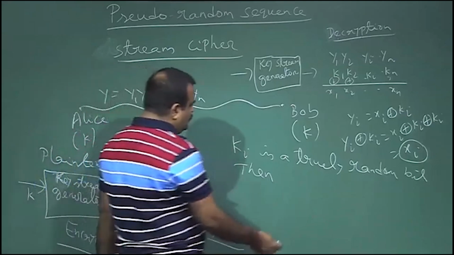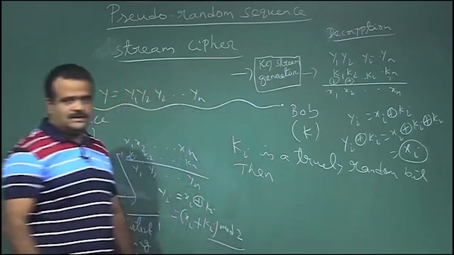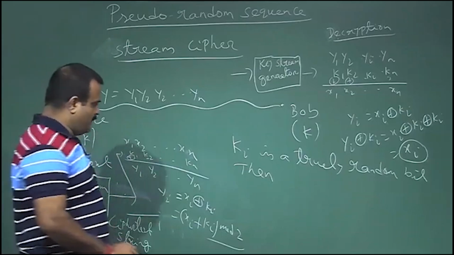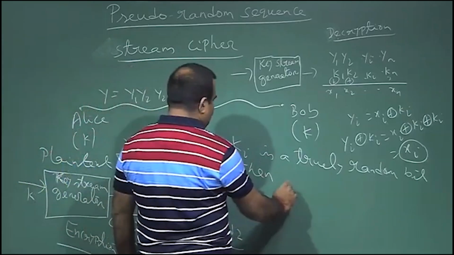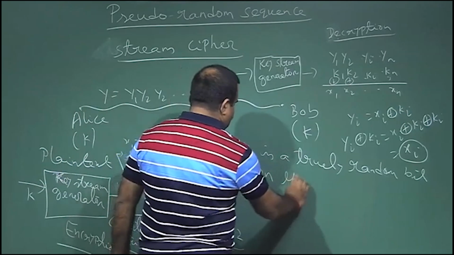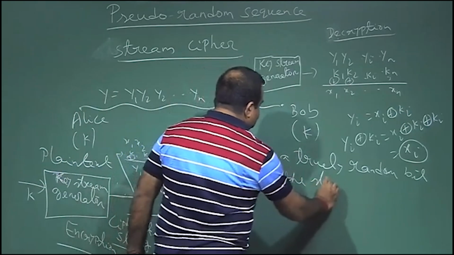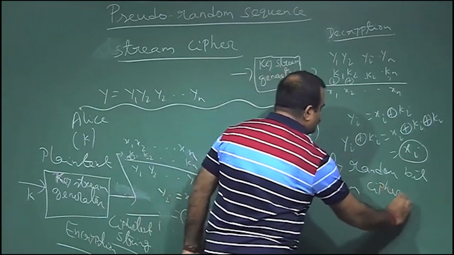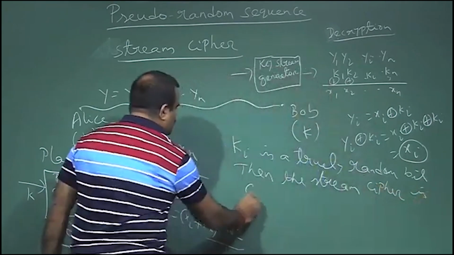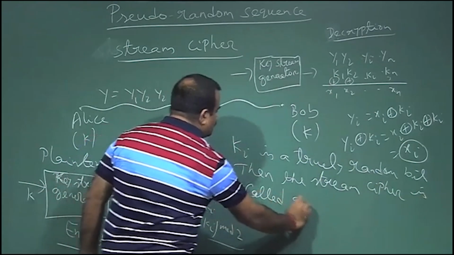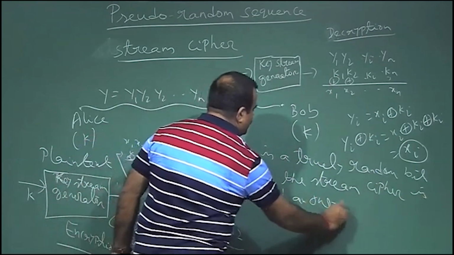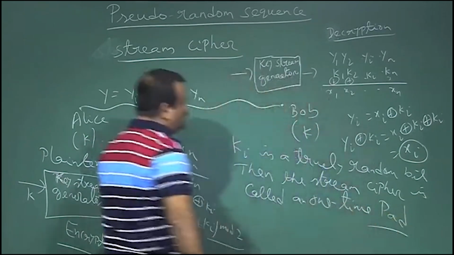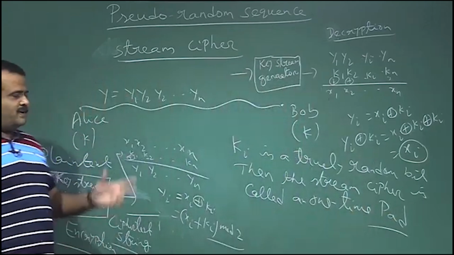Then it satisfies the Shannon notion of perfect secrecy, and the stream cipher is basically a one time pad, which possesses the Shannon notion of perfect secrecy.